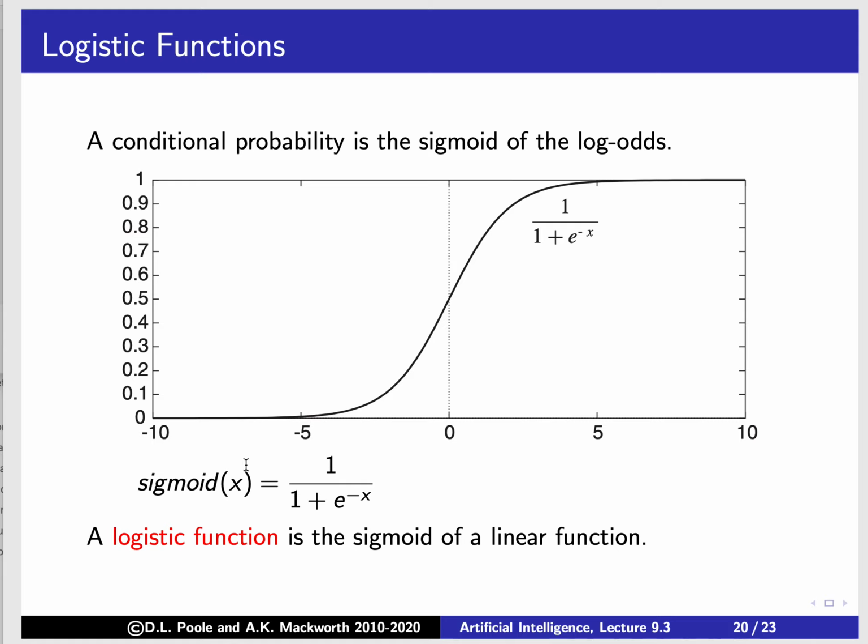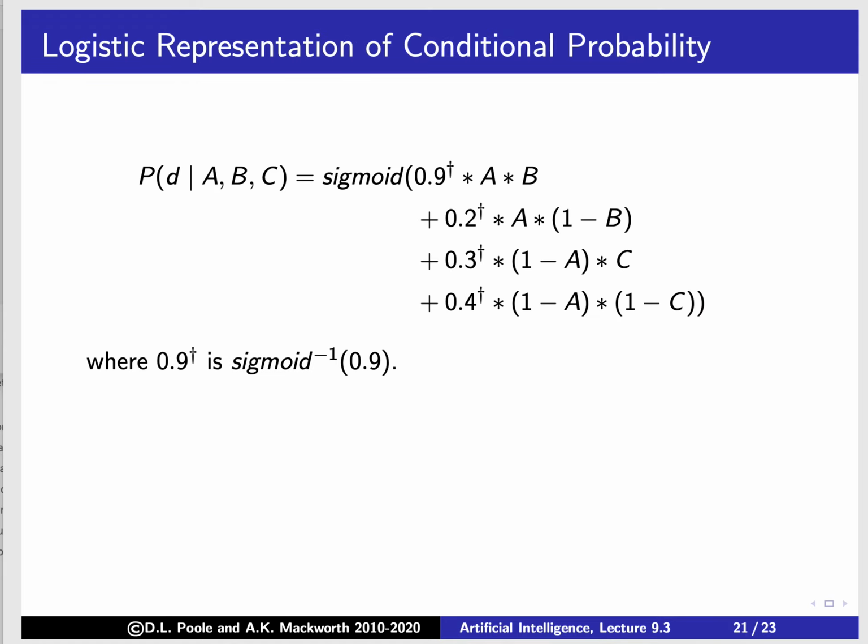Okay, and then we typically have a sigmoid of a linear function. And you might think, well, that can't represent the previous example. In fact, it can represent the previous example as long as we're allowed to put product terms in here. So the probability before of D given A, B, C is, let's put sigmoid to the minus 1 of 0.9.